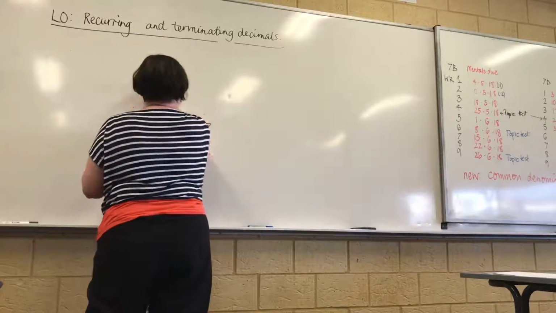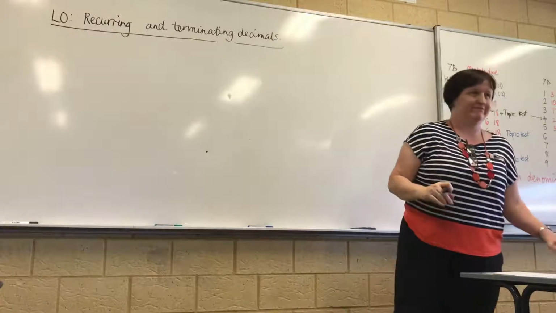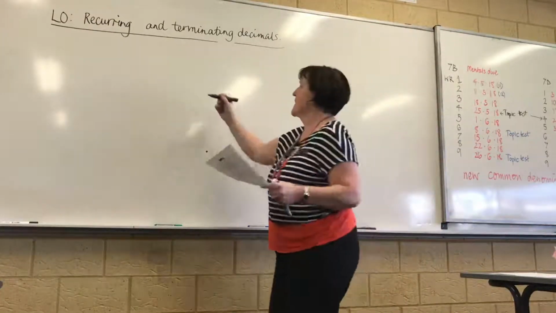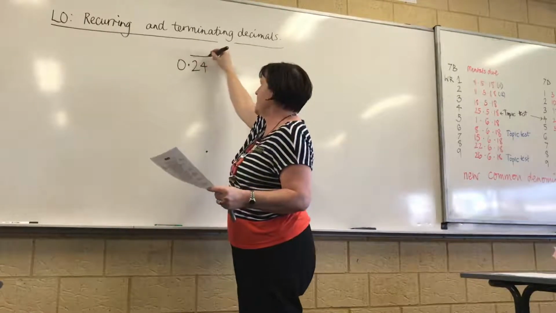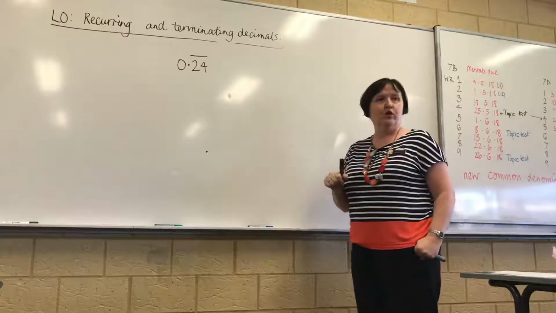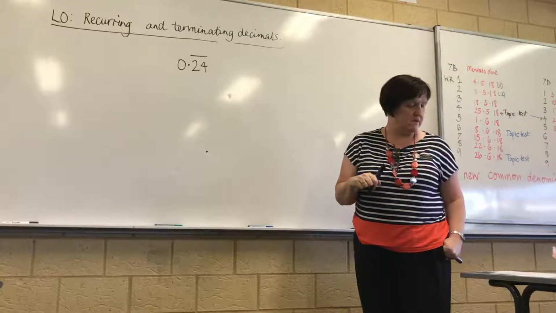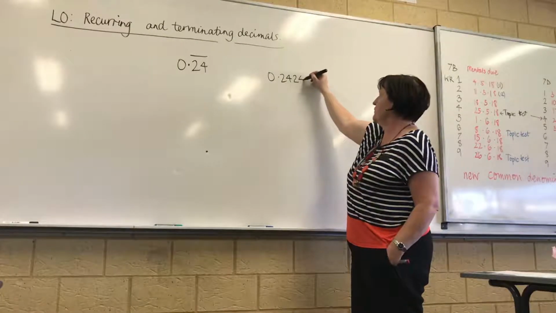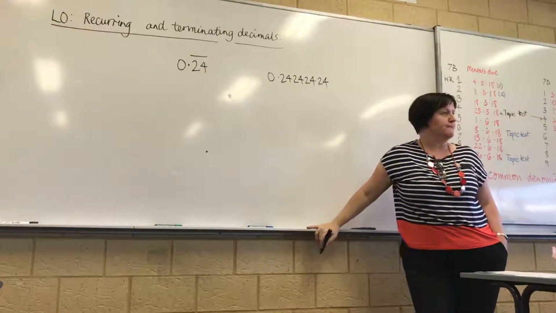Will everything always be over 9? No, this next one won't be over 9. This time, we're going to have the recurring decimal 0.24 recurring, which means it's 0.24242424, etc. Okay?